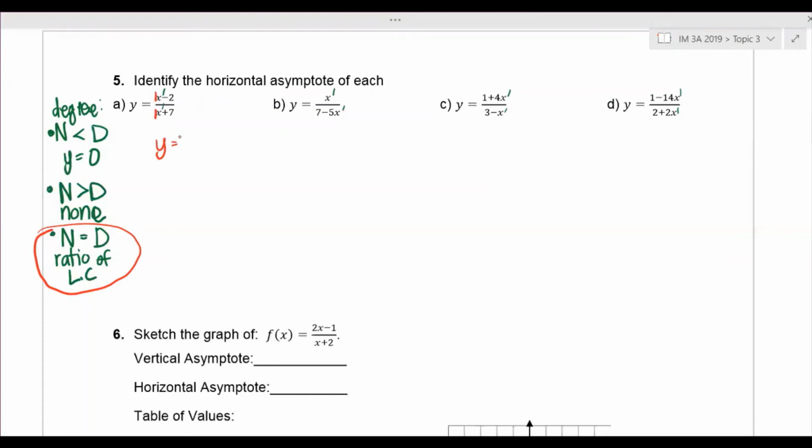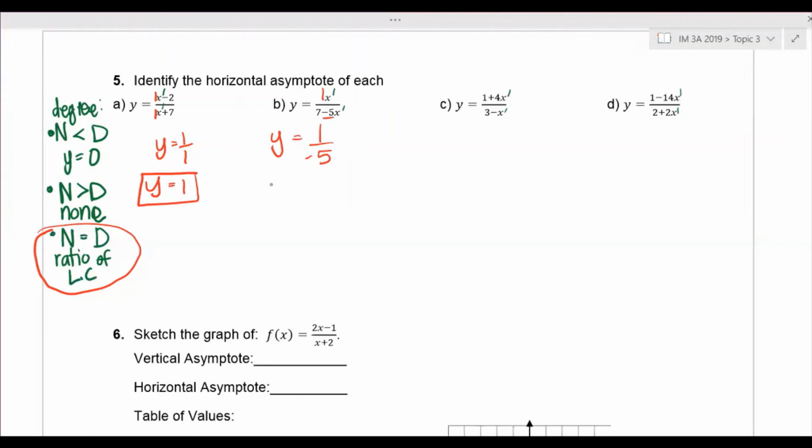So I have 1 over 1 for the first one, which means that y equals 1 is the horizontal asymptote for 5a. For 5b, my first leading coefficient in the numerator is 1, and then the leading coefficient in the denominator is negative 5.